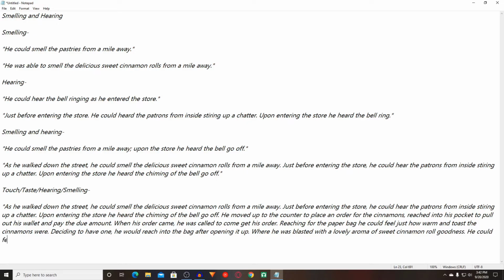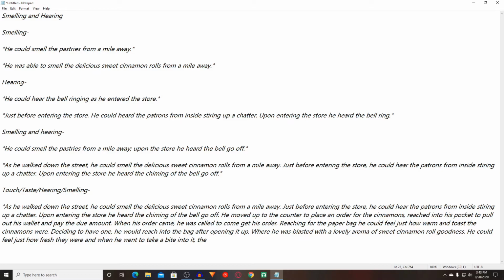He could feel just how fresh they were, and when he went to take a bite into it, the icing mixed with the cinnamon right into it.